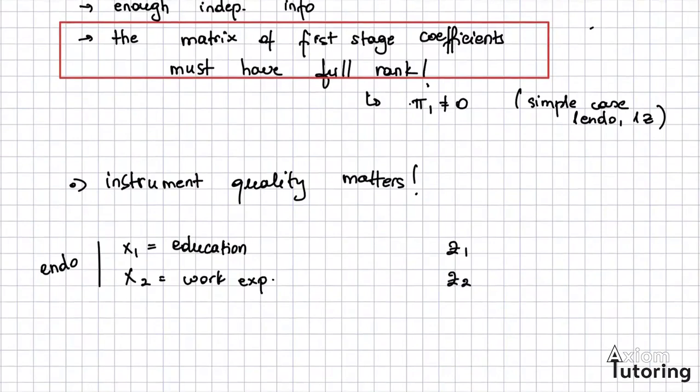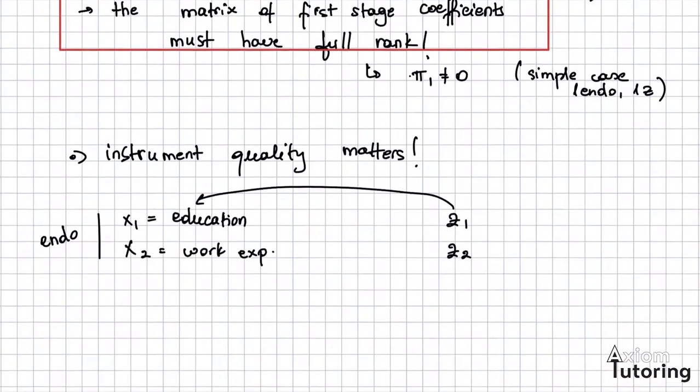The rank condition requires that Z1 and Z2 affect X1 and X2 sufficiently in different ways. But if Z1 affects only X1 and Z2 affects X2, that's perfect. It means each instrument is doing a different job, and you'd love to be in a scenario like this one.